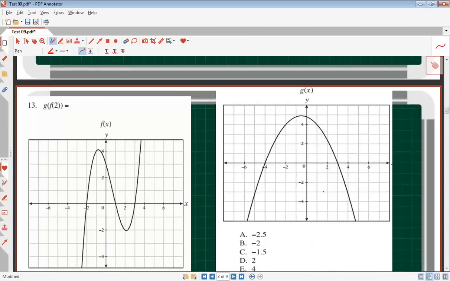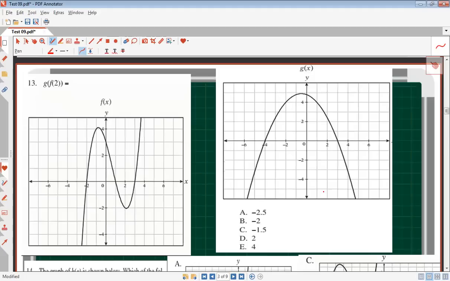Question number 13. First, we need to calculate the value of function f when x equals 2. Look at the graph.